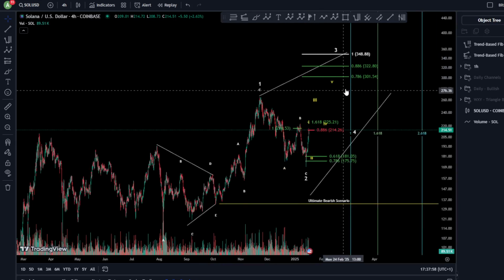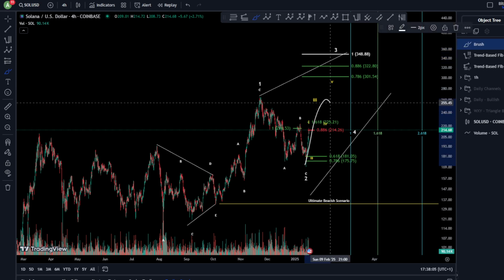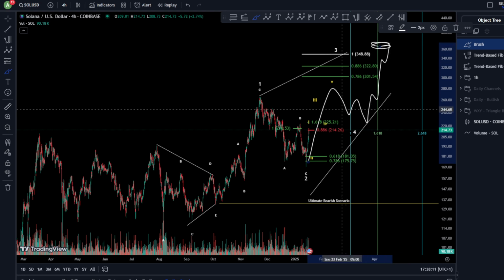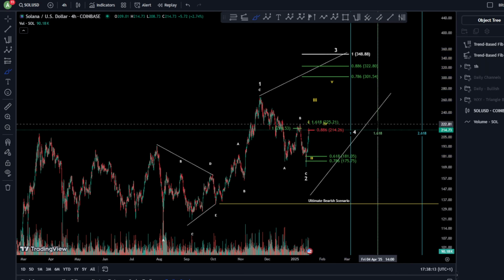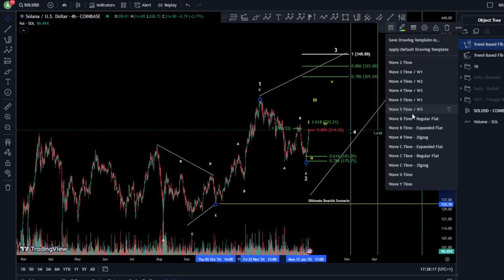I think that we need some time to top, right, at the 1.618, meaning we might range here for ABC and then 1, 2, 3, 4, 5 until we reach this area. This time for a wave 3, let me check if I have a different timing.